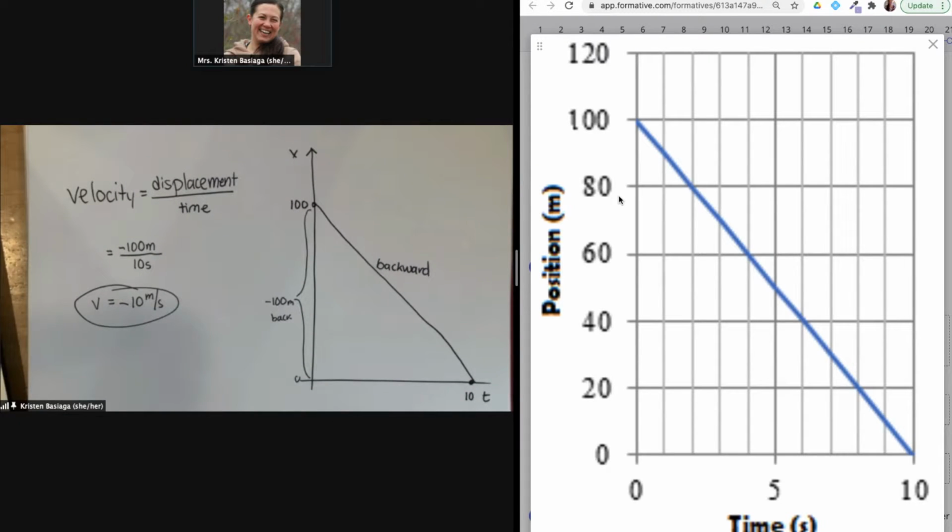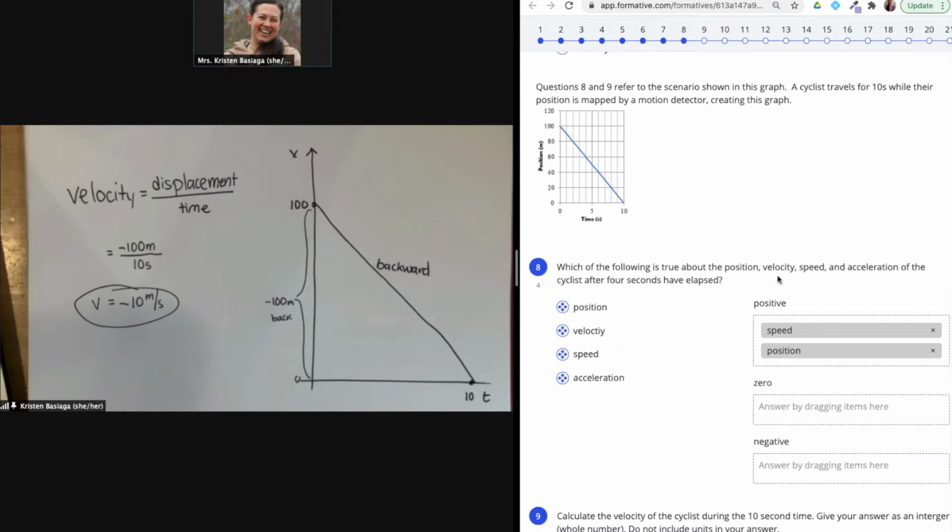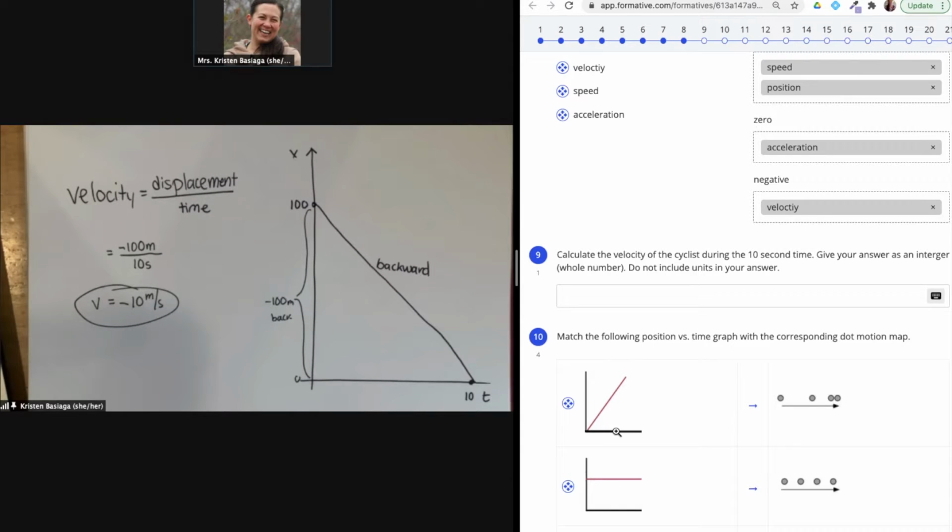Since this graph is a straight line, this acceleration must be 0. So I'm going to drag acceleration to 0, velocity to negative. For number 9, I've calculated the velocity during the 10-second time.